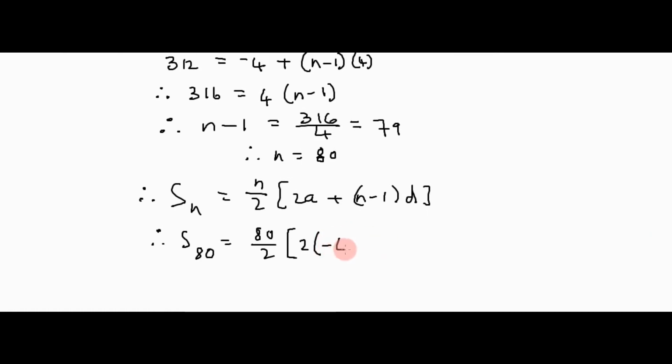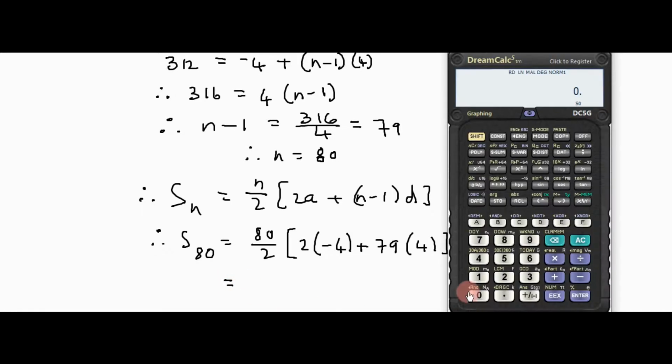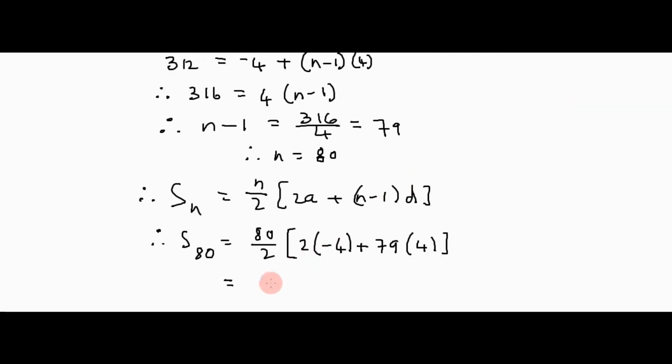So 2 times negative 4 plus 80 minus 1 is 79. And d was 4. So let's work that out on a calculator. 4 into 2 times negative 4 plus 79 times 4. And we see that it comes to 12,320.